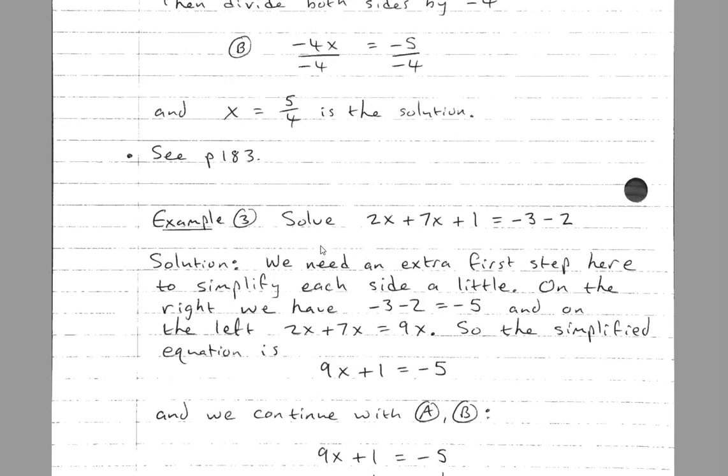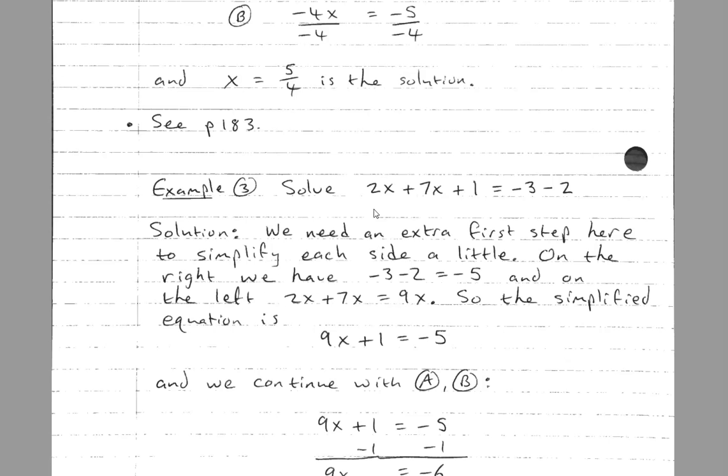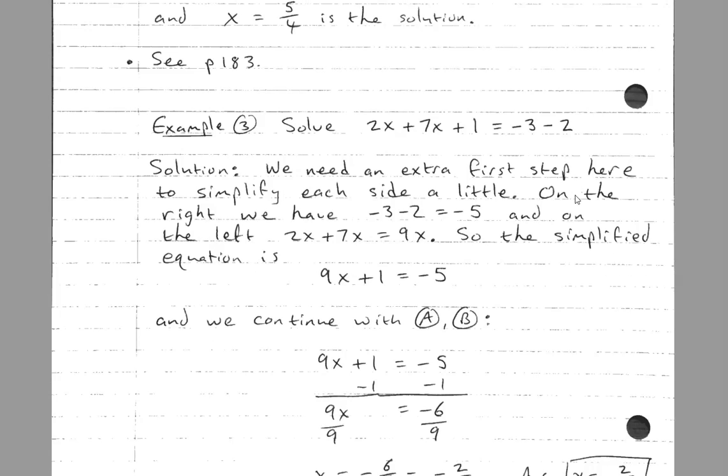What else can happen? Yeah, so just to make it slightly harder, example 3. So this looks like it has more stuff, but this equation, we have 2x plus 7x plus 1 is equal to negative 3 minus 2. So there's an extra first step to get this into our standard form.